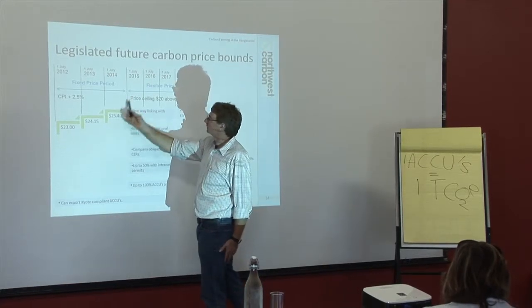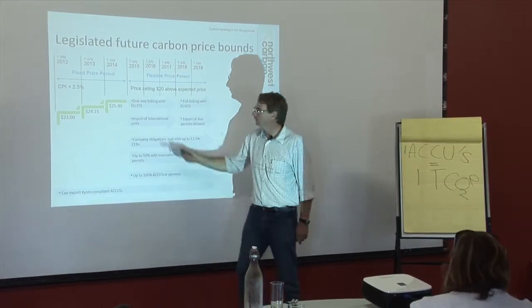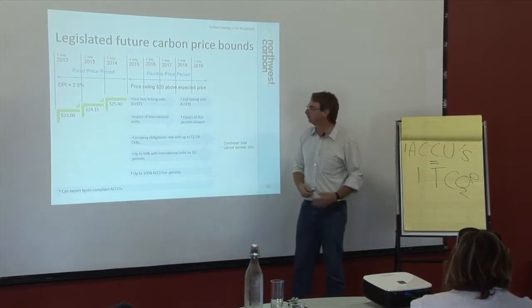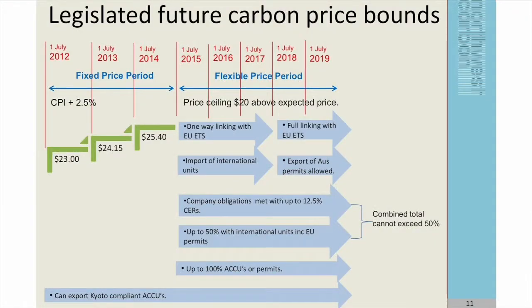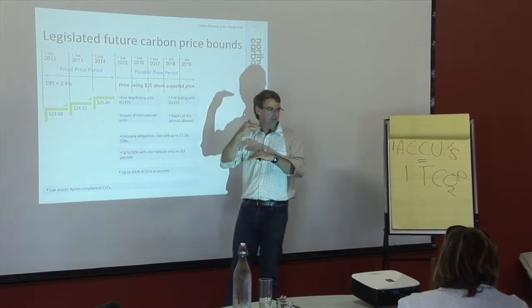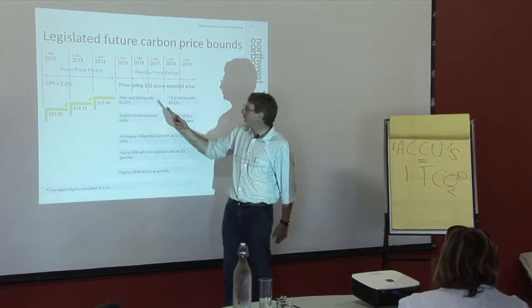once you get past the end of 2014, this fixed price period stops and we get to a flexible price period. And the idea is that we gradually move into a full market. They don't want to create price shocks, or they don't want people collapsing by just saying, right, it all starts tomorrow. They're trying to step people into it with varying levels of security.